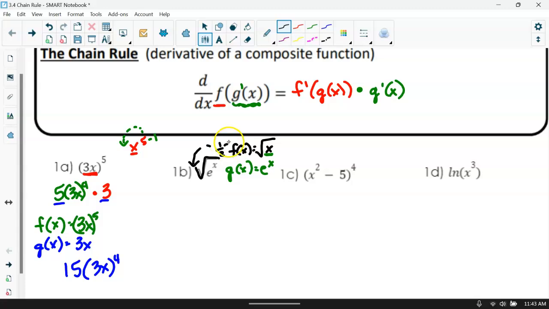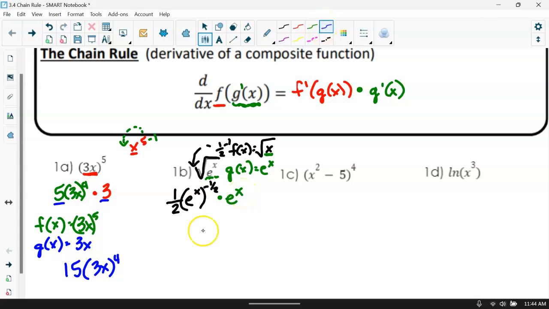Bring down, subtract 1. So this is 1/2. Then keep in mind, this is not just x, but e to the x. It's being raised to the negative 1/2 power after subtracting 1. Then times the derivative of our inside function, which is just e to the x.